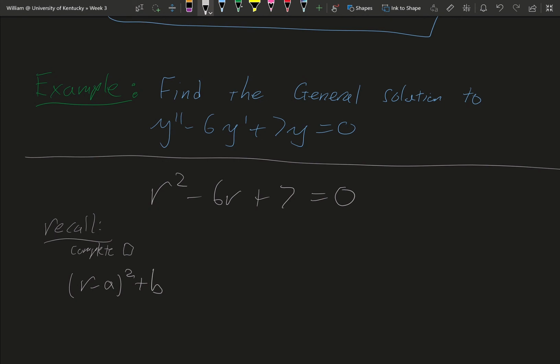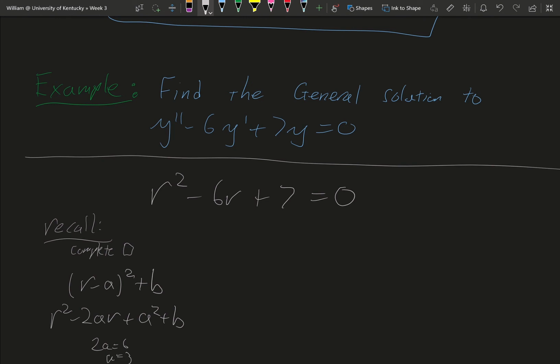And if we expand this, we get r squared minus 2ar plus a squared plus b. So this needs to be equal to 6r, so 2a needs to be 6, so a is 3.